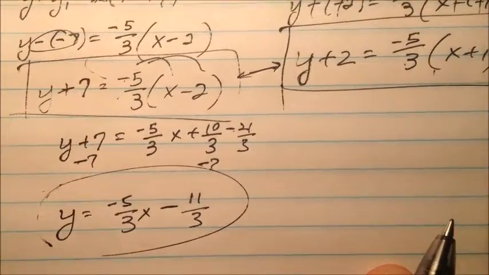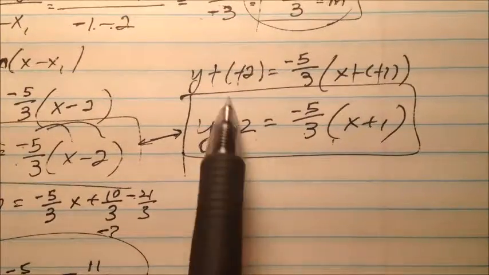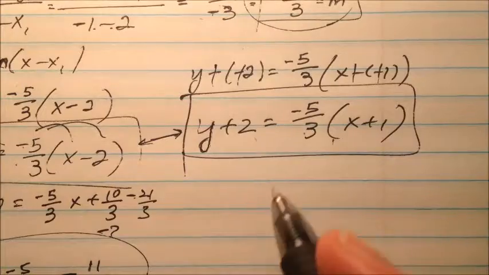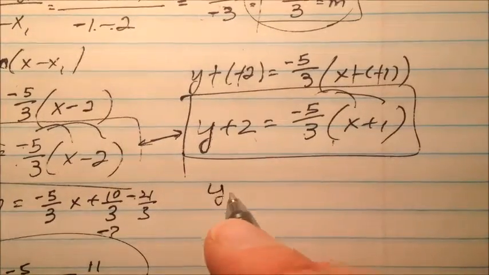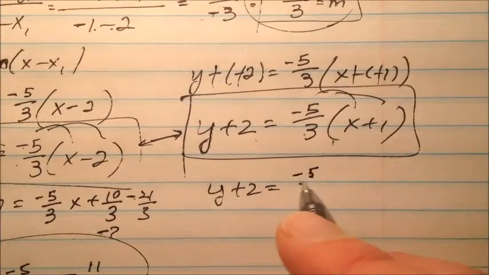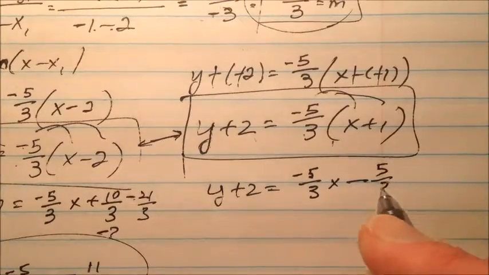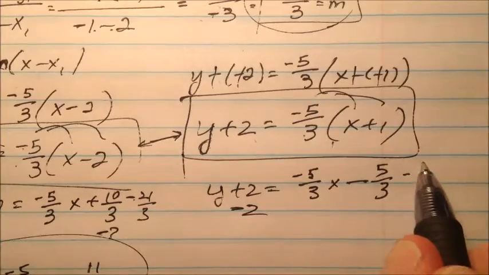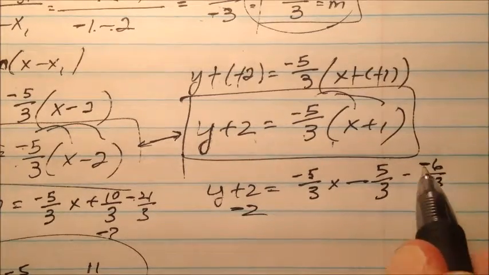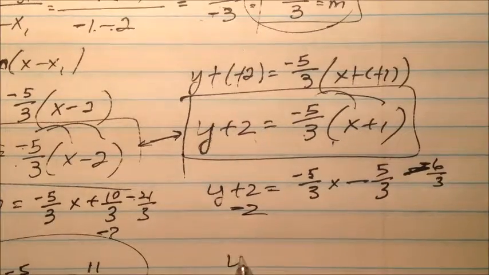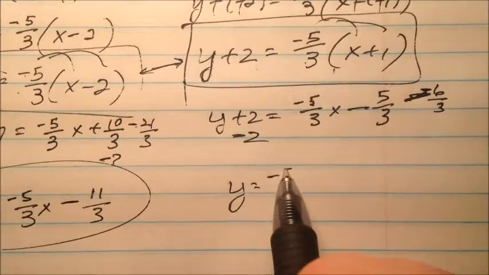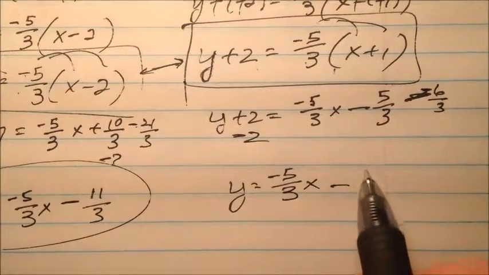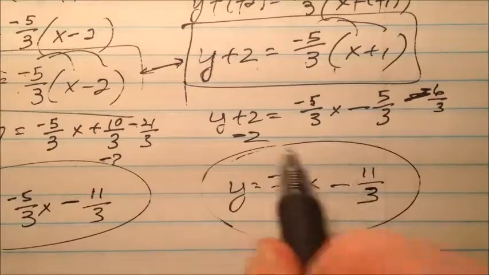Okay, so we'll come back to this. Let's go ahead and put this other one in slope-intercept form. So distribute, distribute. y plus 2 equals negative 5/3 x minus 5/3. When we subtract 2, it'll be subtracting 6 over 3. So y equals negative 5/3 x minus 11 over 3.